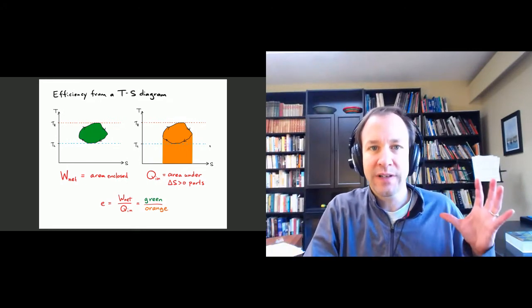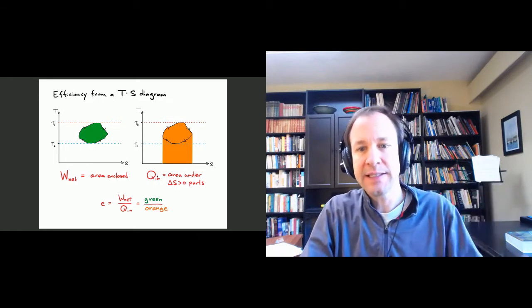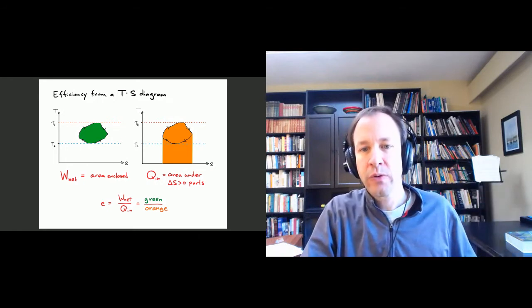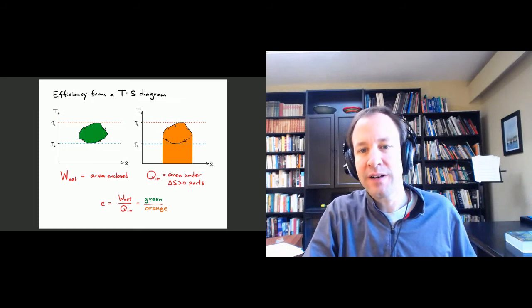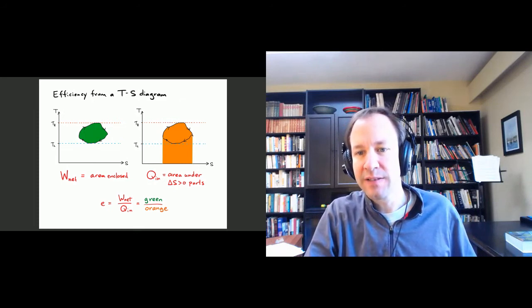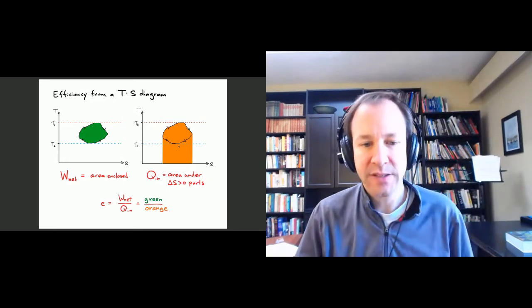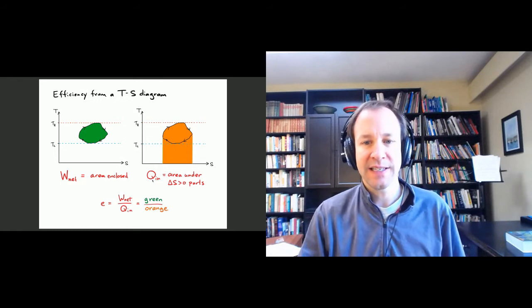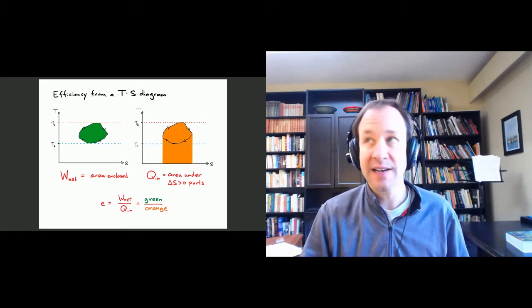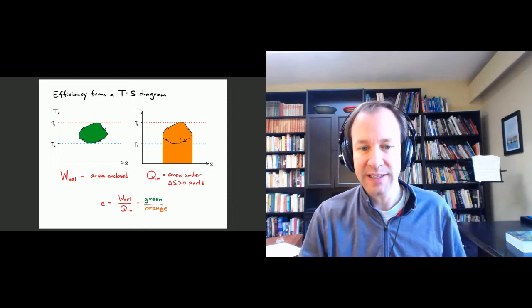The heat going in is the area under all of the right-moving parts of the curve, which corresponds to this orange area in the diagram. So the efficiency is just the ratio between the green area and the orange area.